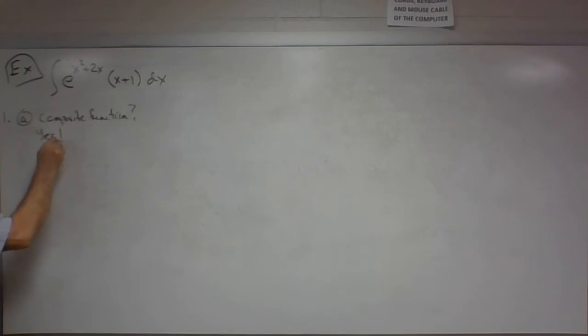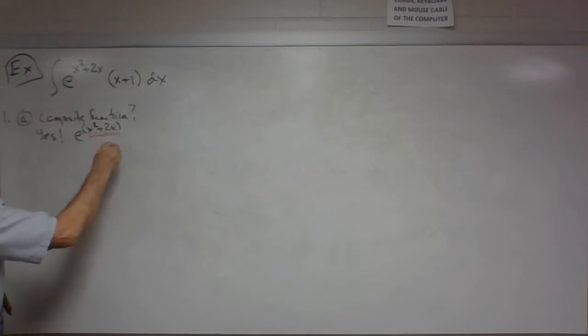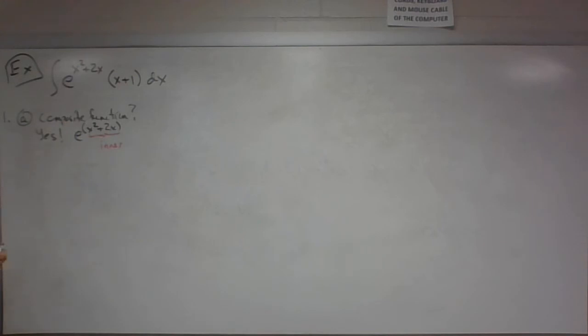We sure do. And maybe I should actually write down what that composite function is. e to the x squared plus 2x. This is the inner function. And our rule of thumb is to let u be the inner function.